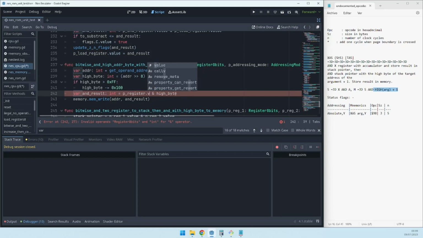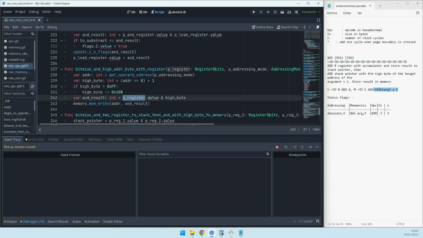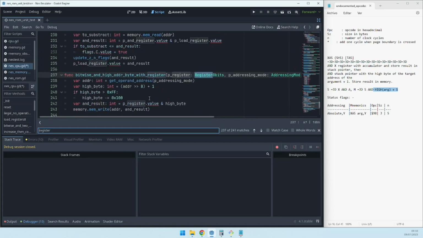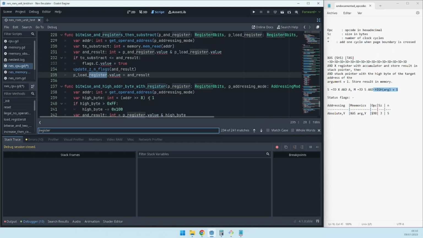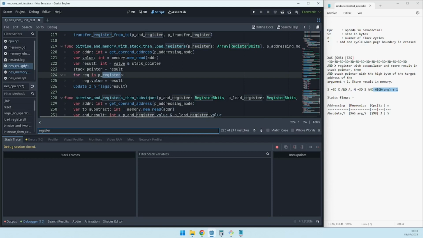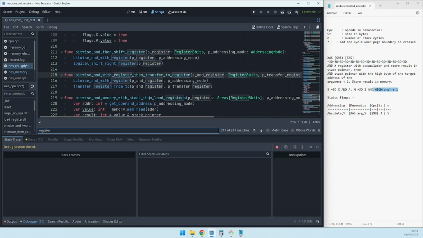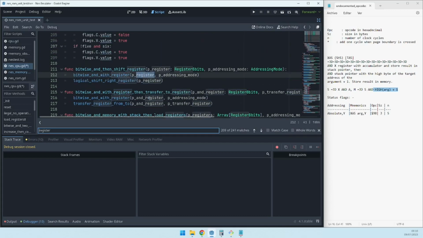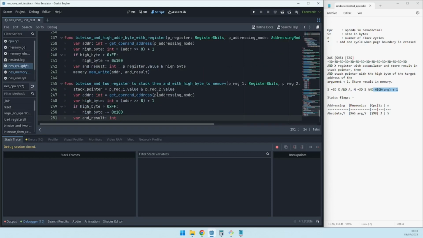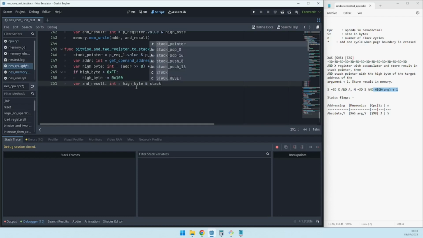Aha! Okay, awesome. Equals high byte and stack pointer.